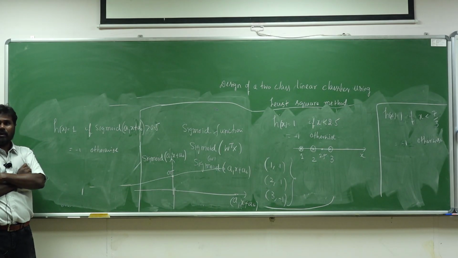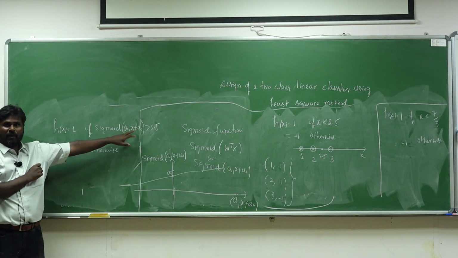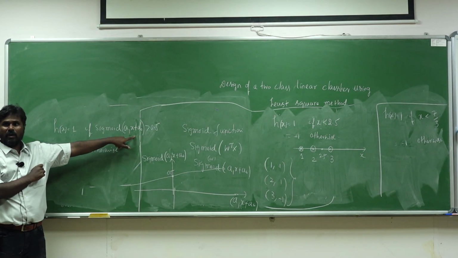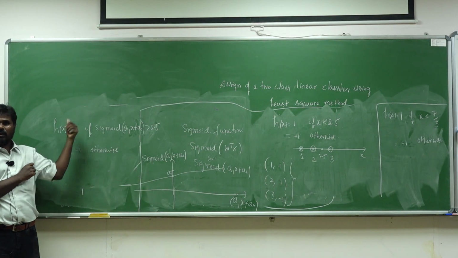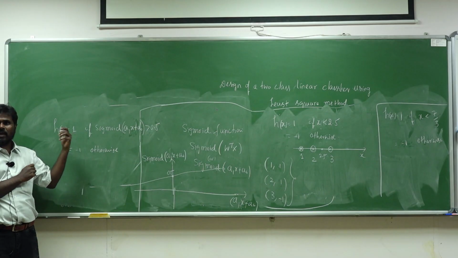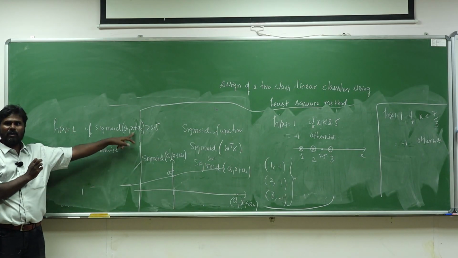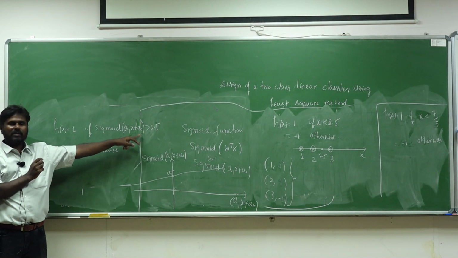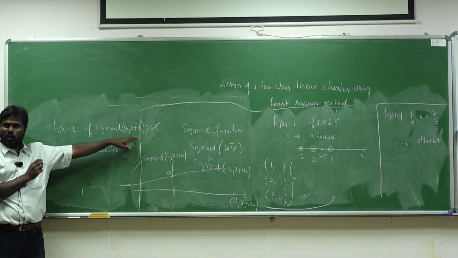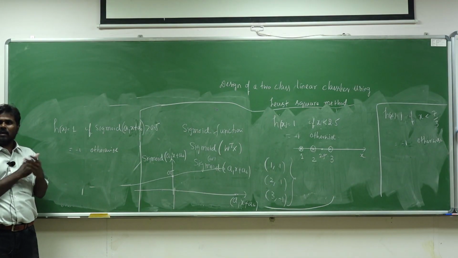What does that mean? If for the given feature value the probability is high, the classifier says that x belongs to class 1. If this value is less than 0.5, meaning the probability is low, then the classifier says that the feature value belongs to class 2.